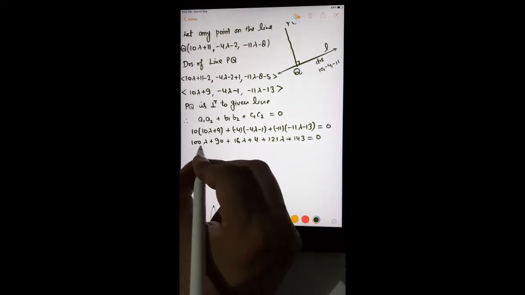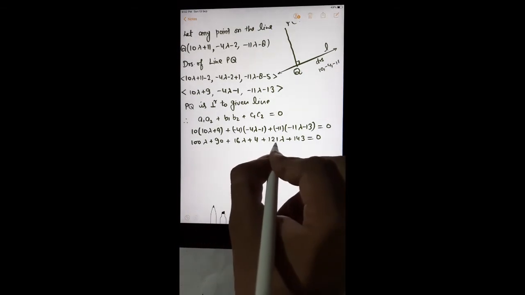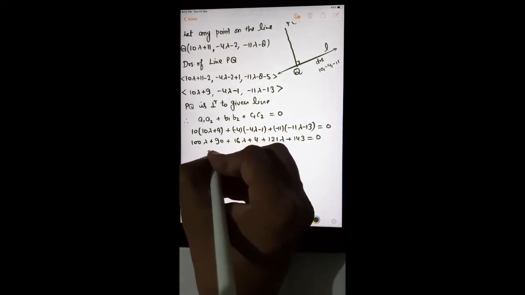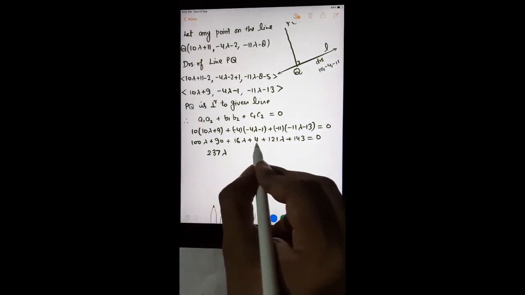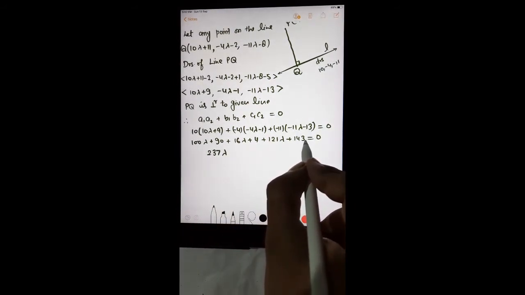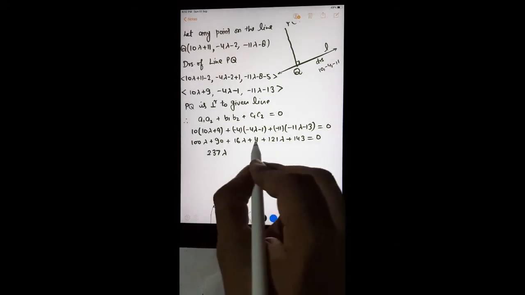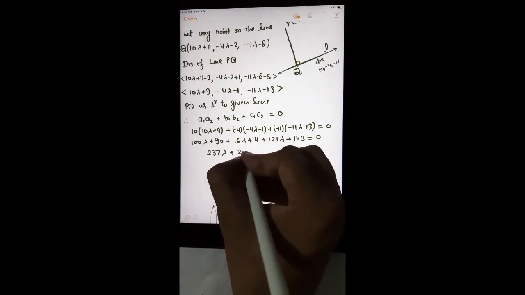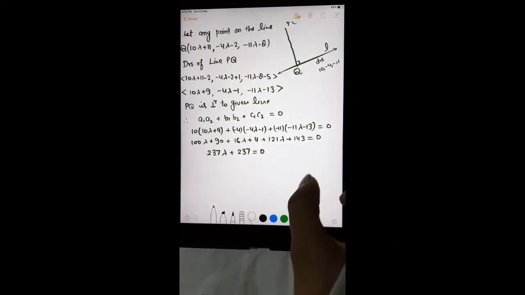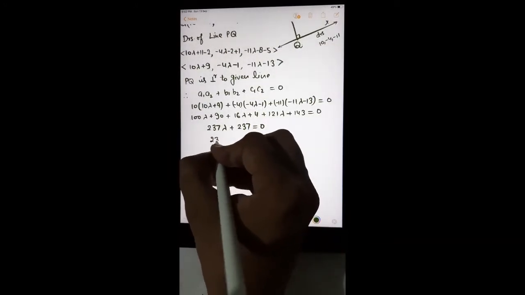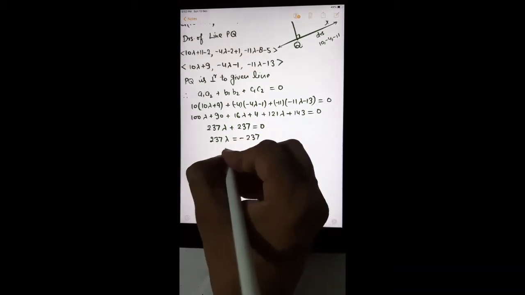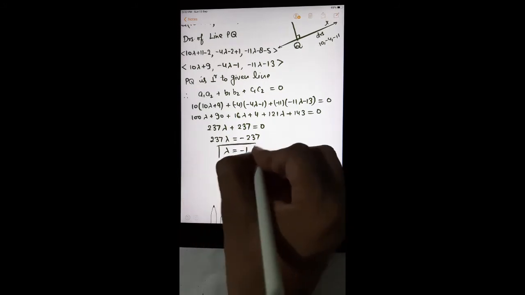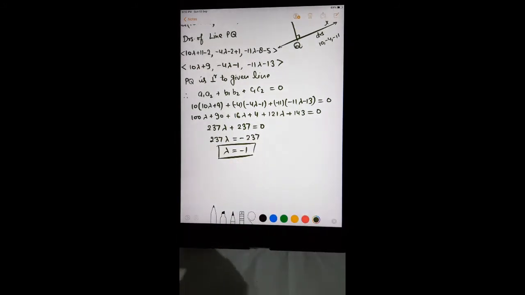So on adding 100 lambda plus 16 lambda plus 121 lambda, that is 237 lambda, and the constant terms are 90 plus 4 plus 143. 143 plus 90, that is 233, plus 4, that is 237. It is also 237. It is equal to 0. So we will get 237 lambda is equal to minus 237. So lambda is equal to minus 1.